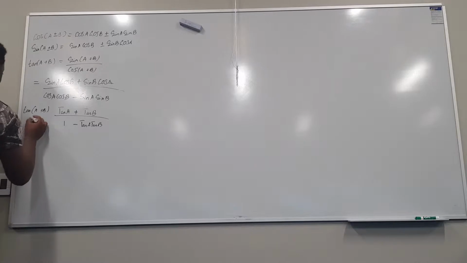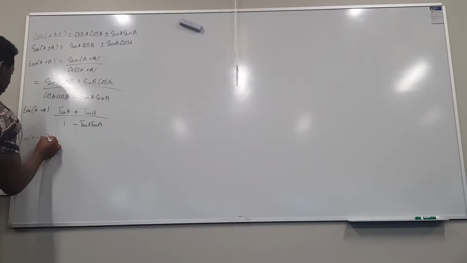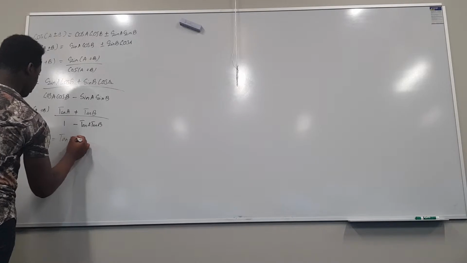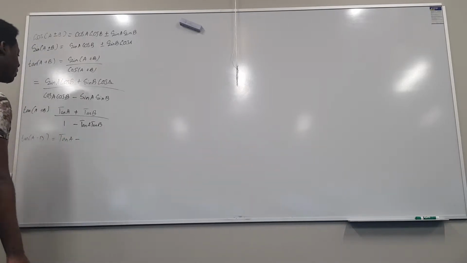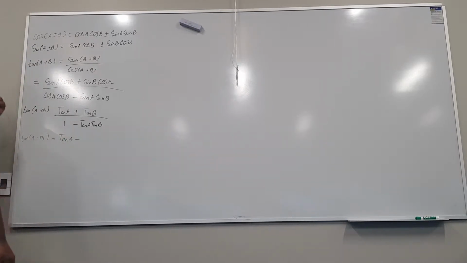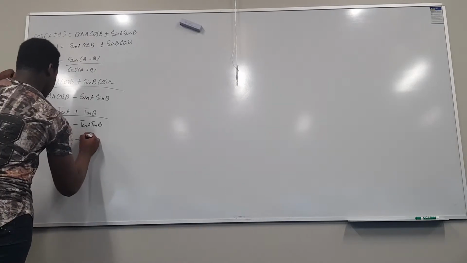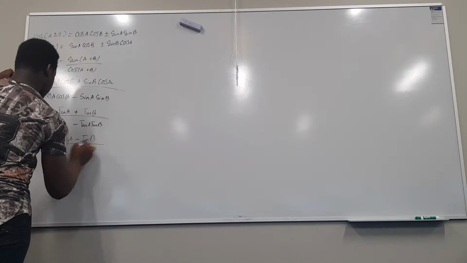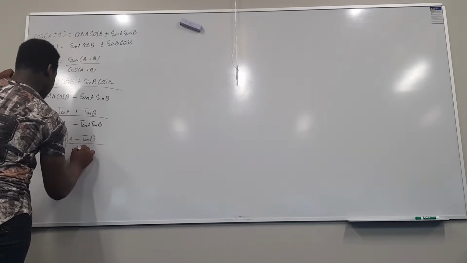And that's for plus. Hence, tan A minus B is equal to tan A minus tan B over 1 plus tan A tan B. Change all the places where you see plus to minus and all the minuses to plus.